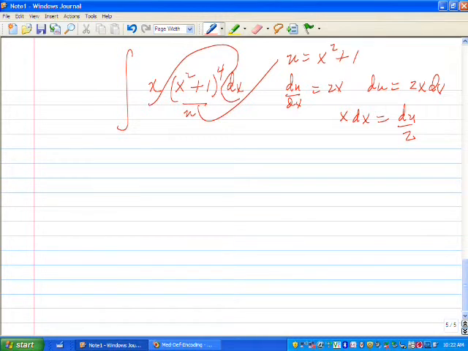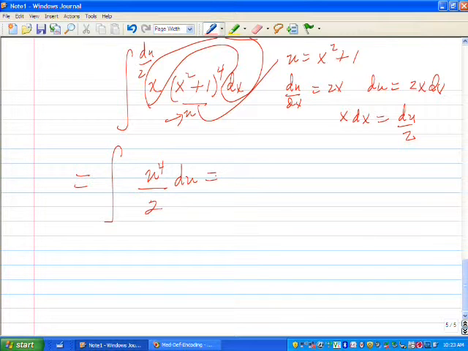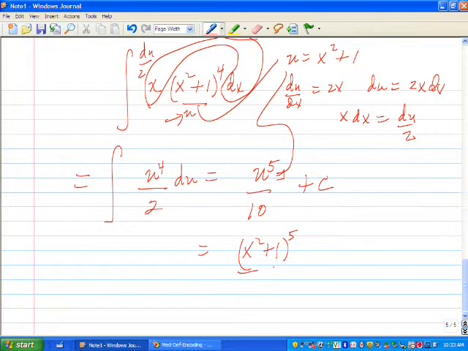So this portion gets to be du over 2. And we already have made the substitution, so the integral becomes u to the 4th divided by 2 du, which is u to the 5th over 10 using the power rule plus a constant, and then resubstituting what u is, we get that the integral is x squared plus 1 to the 5th power divided by 10 plus a constant.